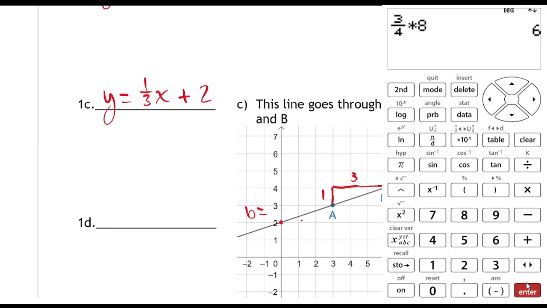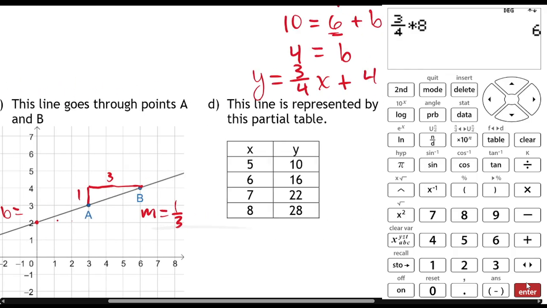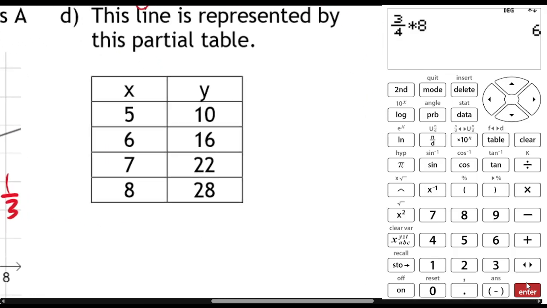Last problem, you're given a table of values, and for this table of values, we are asked to figure out, hey, what's the equation of the line that passes through those points?